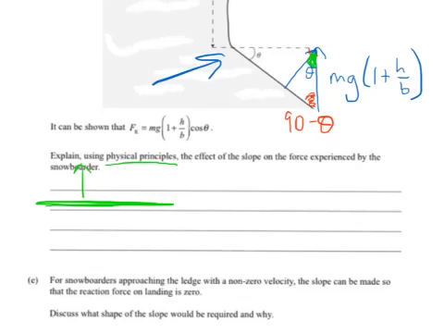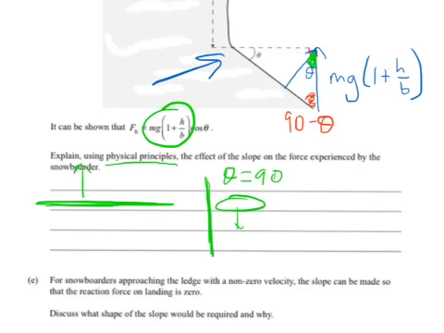Theta equals 0 in this case, and cos of 0 is 1, so it's 1 times the whole force. When it's vertical, the other extreme, theta equals 90 degrees, cos of 90 degrees is 0, which means there's 0 reaction force, which makes sense, because if it's straight down, you're effectively not landing when your snowboard comes down. So there's no normal force, no force experienced.